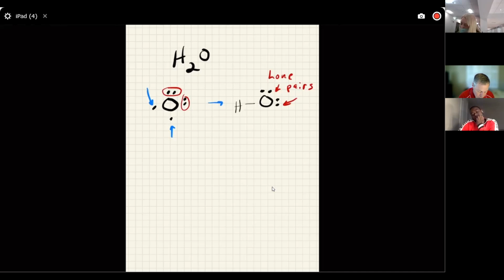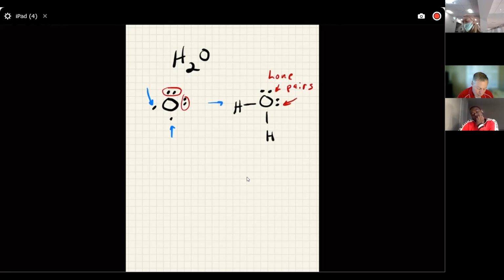And there's the structure for water, H2O. A little slight delay there.